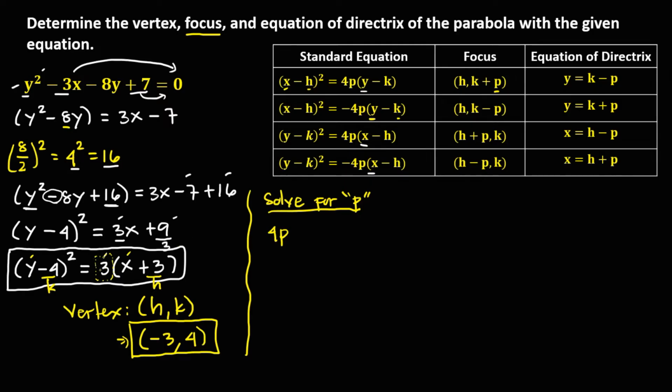Since in our standard equation this one is positive, that's positive 4p equals this number, so equals 3. Then to solve for p, divide both sides by 4. So therefore, p is equal to 3 over 4. So this time we can now find the coordinate of the focus.